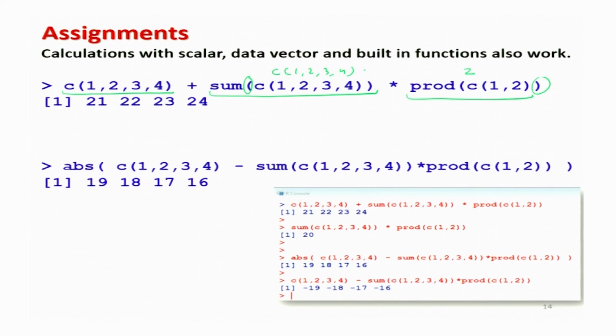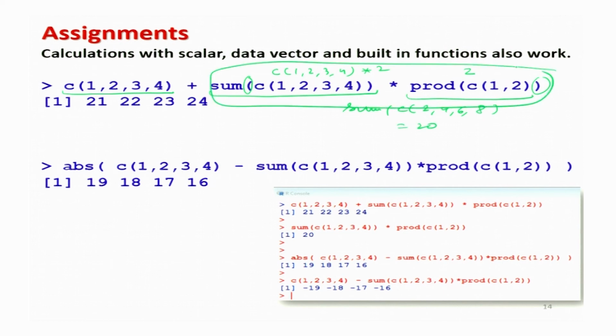So this becomes the sum of c(2, 4, 6, 8), and the sum is 2 plus 4 is 6, 6 plus 6 is 12, and 12 plus 8 is 20. So this entire value becomes 20.